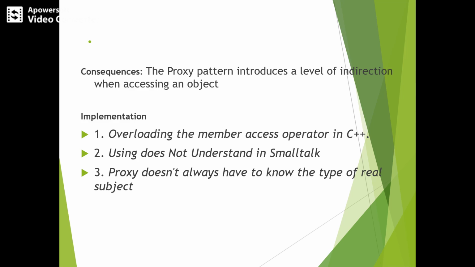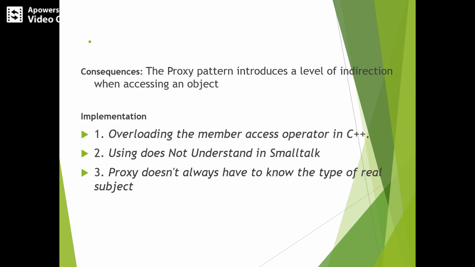When a client sends a message to a receiver that has no corresponding method, the proxy class can redefine it. We say it does not understand, so that message is forwarded to the subject that requested it. This is the implementation issue.